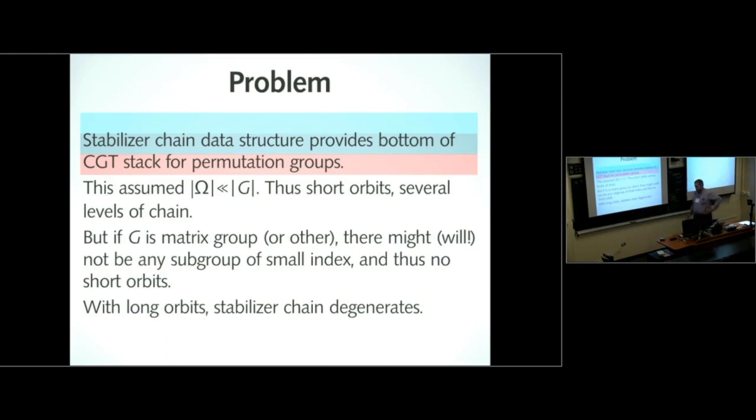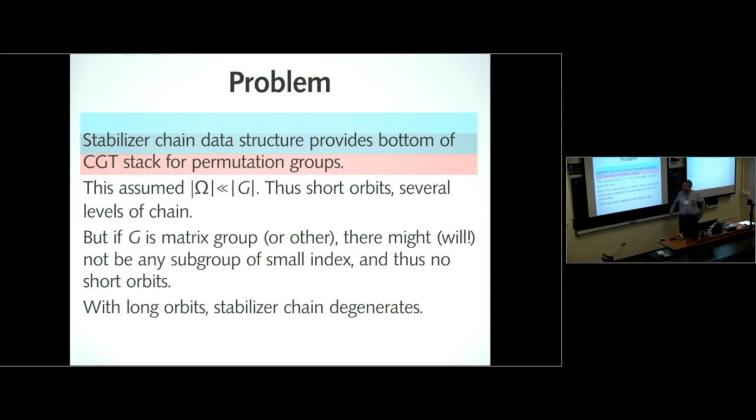We looked at the bottom layers of the CGT stack, at basic functionality for computational group theory. We have the stabilizer chain data structure for permutation groups, and we have seen that it works well but assumes that the size of the domain is much smaller than the order of the group.